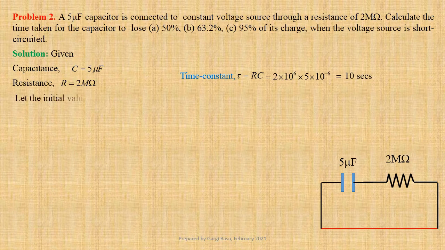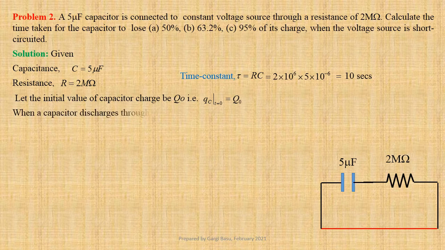Let the initial value of capacitor charge be Q0, that is Qc at t equals 0 equals Q0. When a capacitor discharges through a resistor R at any time instant t, capacitor voltage Vc equals V0 e to the power minus t by tau.